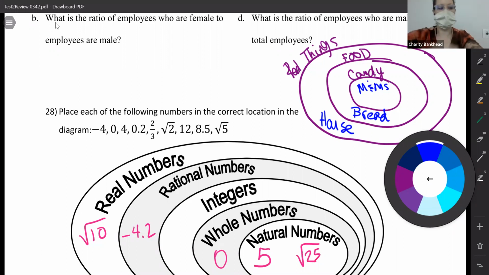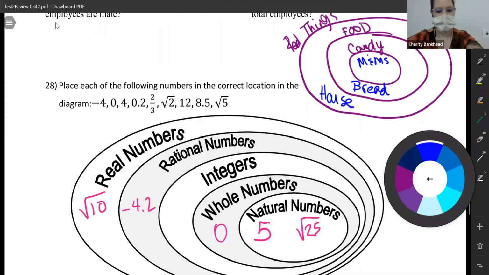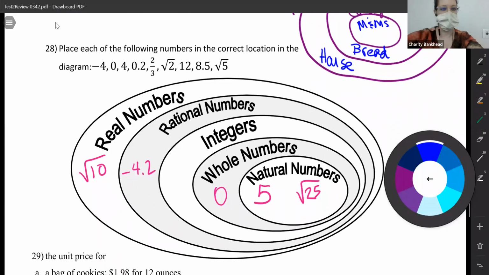And so I already wrote on this apparently. I saved it. But just showing some examples, and these are not the ones from the list. I just made up some other ones to show where numbers would fit in here. So like the square root of 10. Unless it's a perfect square, like 4 or 9 or 25 or 16, those are perfect squares.